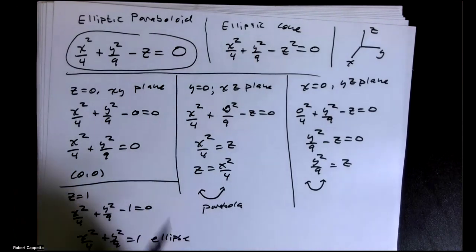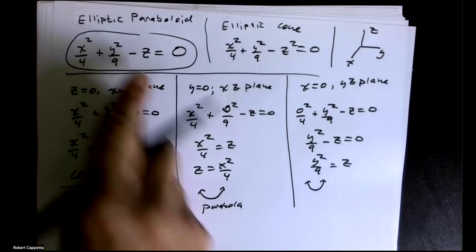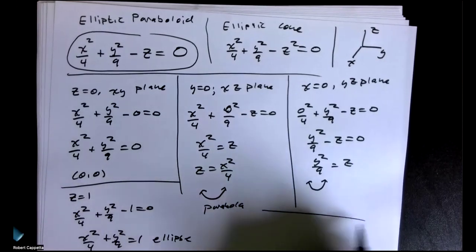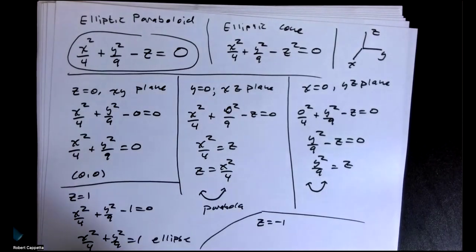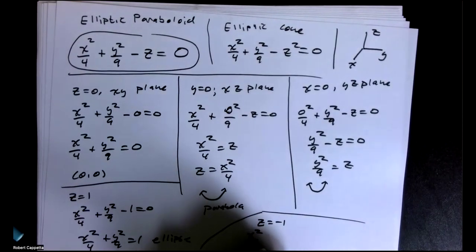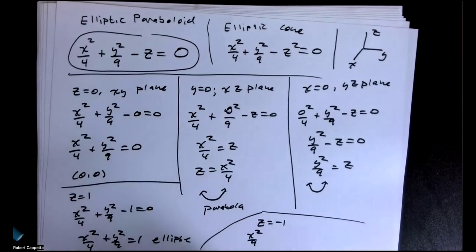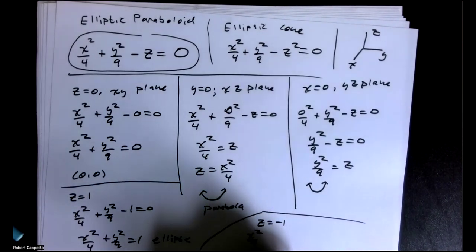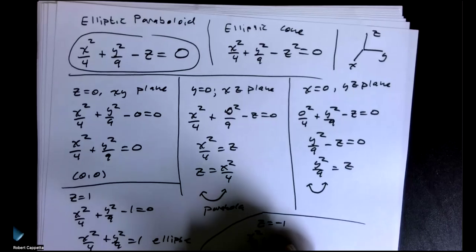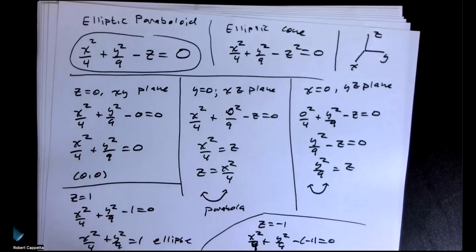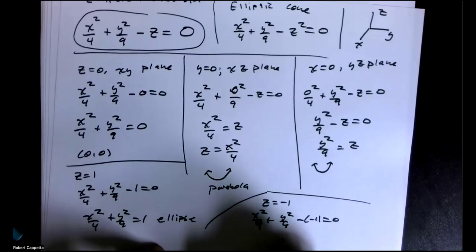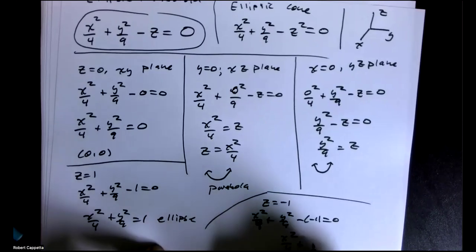But if z equals -1, what's going to happen? We get x squared over 4 plus y squared over 9 minus -1 equals 0, which gives me x squared over 4 plus y squared over 9 equals -1.